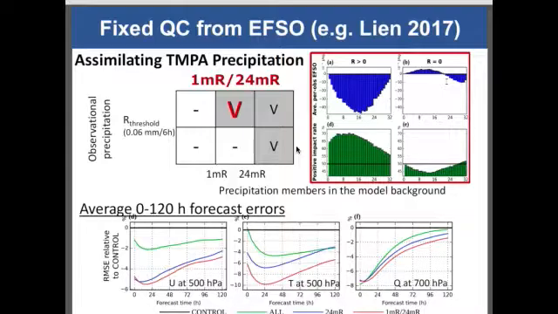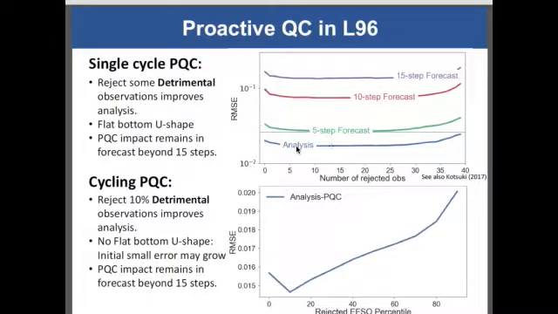Well, so maybe, from these slides, you can see that one instance of EFSO would tell you that assimilating these observations here doesn't help much in this analysis.